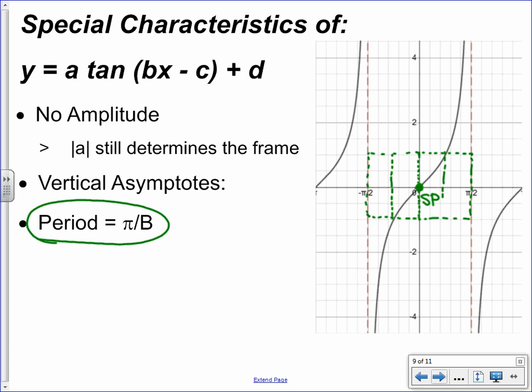Then when we split it into those quarter marks, that tells us where those 2 points go. So the edge of our frame will be our asymptotes for tangents. And the 3 marks inside will tell us where those points go. And if it's reflected, we'll know that this would need to snake down instead of up.